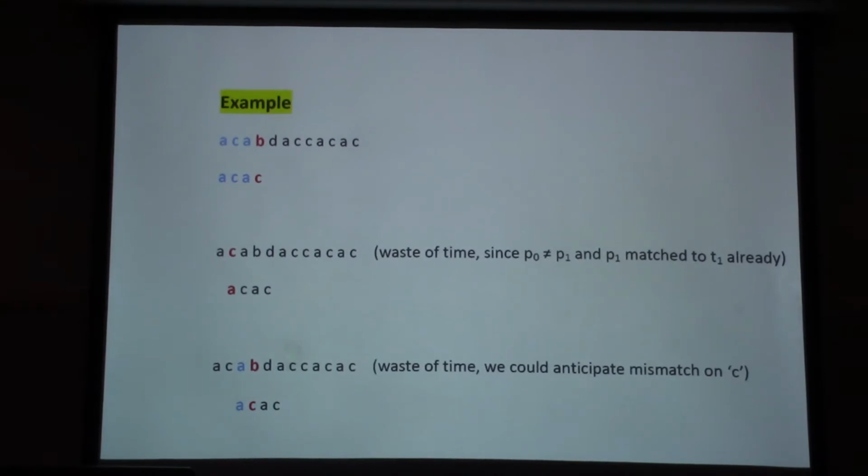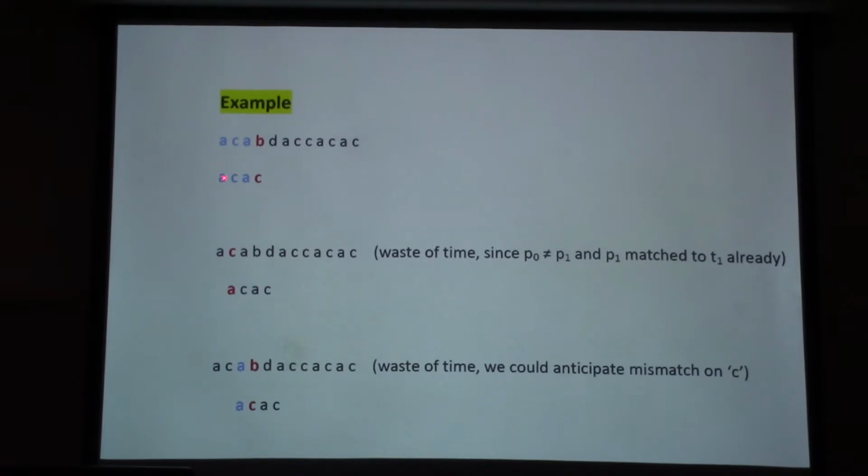However, the brute force algorithm is doing something that's not necessary, because it's a waste of time. We can determine that trying to match AC starting here is not necessary. It's a waste of time because P0, pattern 0, is not equal to pattern 1. What does that mean?